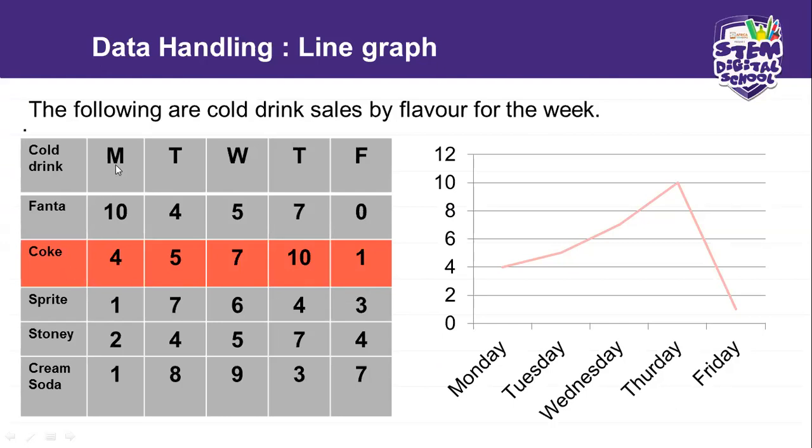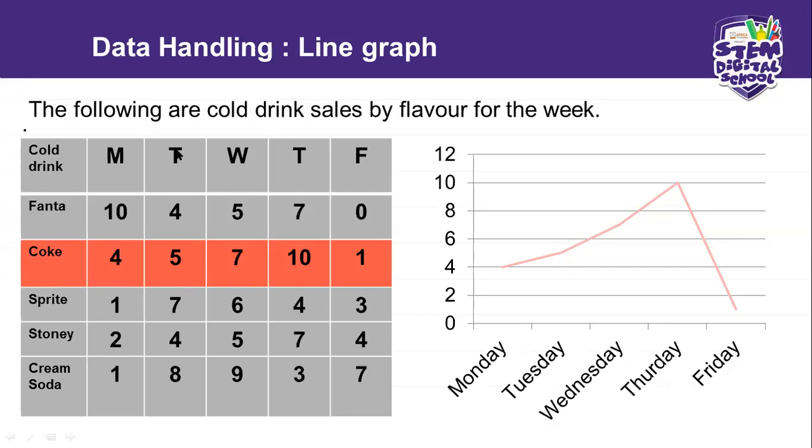They tell us that on Monday, 4 Cokes were sold. Then we go to Monday on the graph, and then we see from 0 to 4. 4 Cokes were sold, okay?